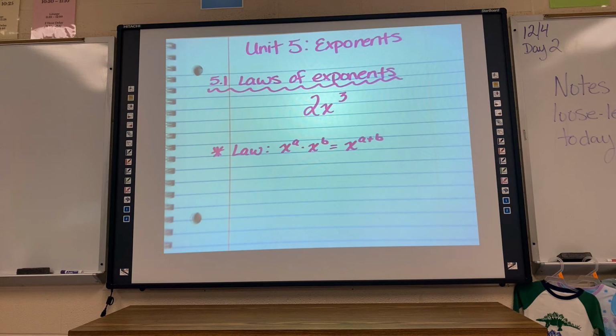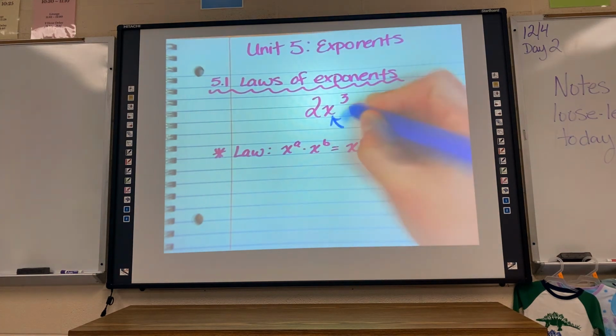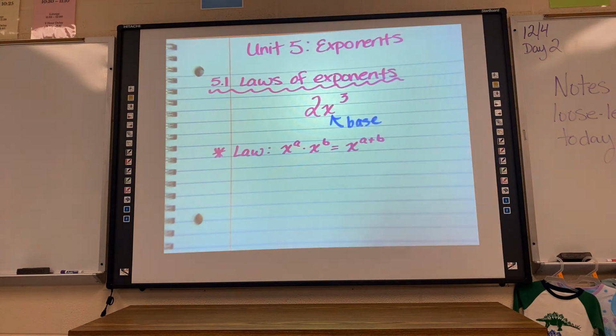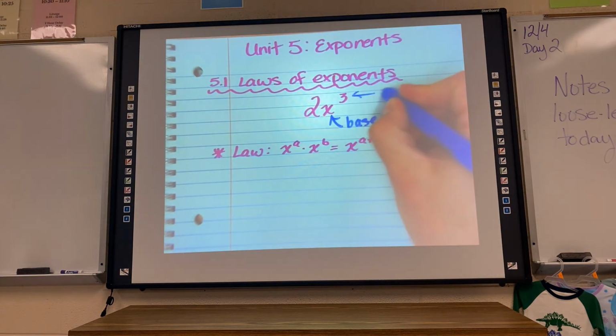Exactly. Whether it's a variable or a number, whatever's being raised to a power is the base. In this case, the base is x, because x is being raised to the third power. So this is the base. The 3, I hope we all know this, is the exponent.